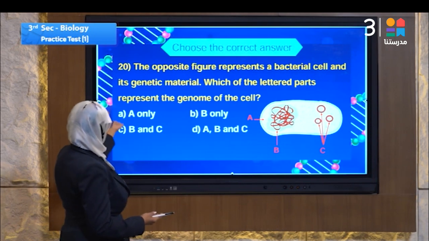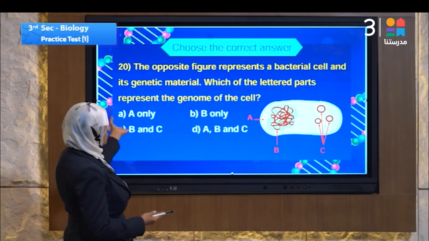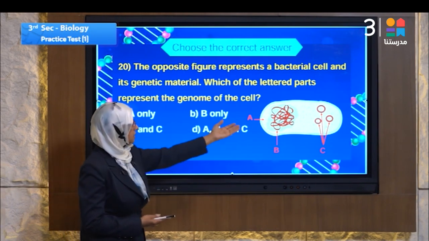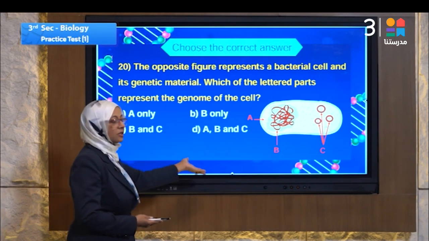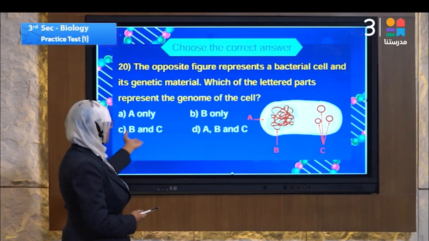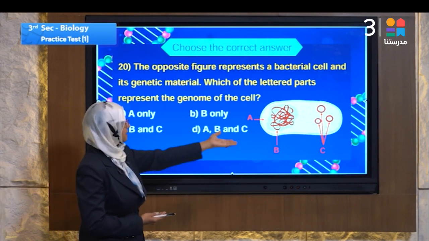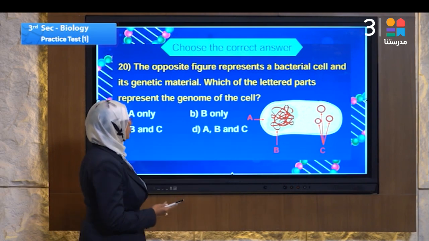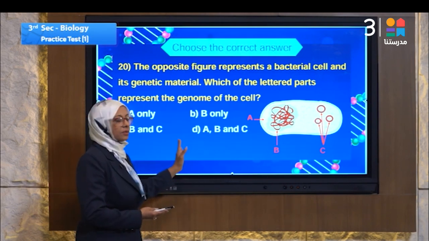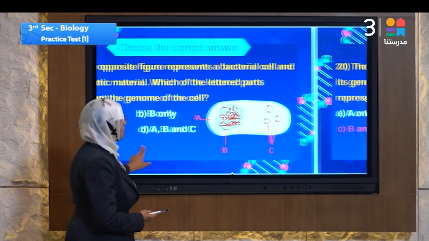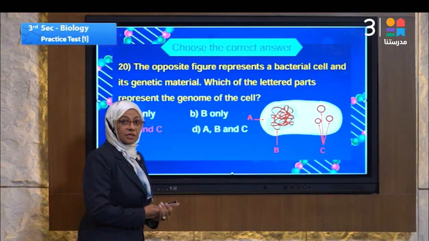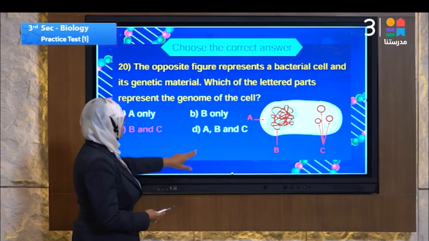So A only, no, it's the cytoplasm. B only, it consists of DNA swimming in the cytoplasm. B and C, yes, that's it. B and C are the plasmid and the DNA which is swimming in the cytoplasm. A and B and C is not the right answer because A is the cytoplasm only, so the answer must be B and C, the genome of these bacteria.